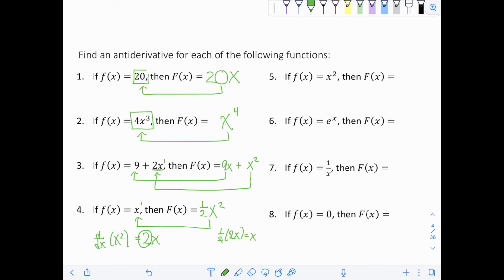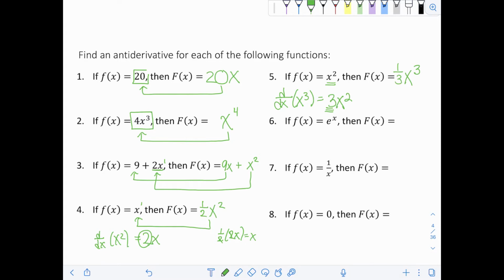Looking at x squared, I'm thinking ahead here, it's going to be x cubed, but same thing as if we take the derivative of x cubed, that's going to be 3x squared. But we're looking for just x squared without the 3 there. So we can actually multiply x cubed by 1/3.